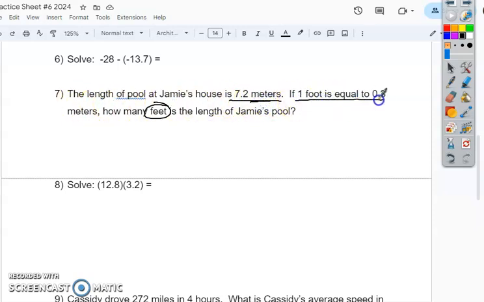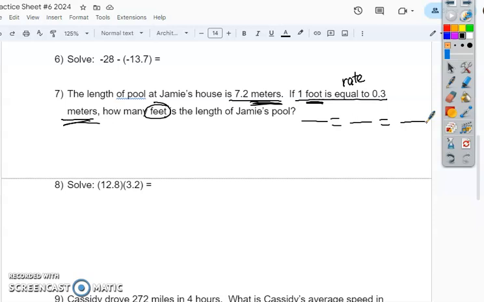I have 1 foot is equal to 0.3 meters. That's my rate. 2 numbers with 2 different units, okay? And then how many feet? So these match. So I have meters that match and I have feet, guys. So I would do a proportion. Okay, that's what I would do.